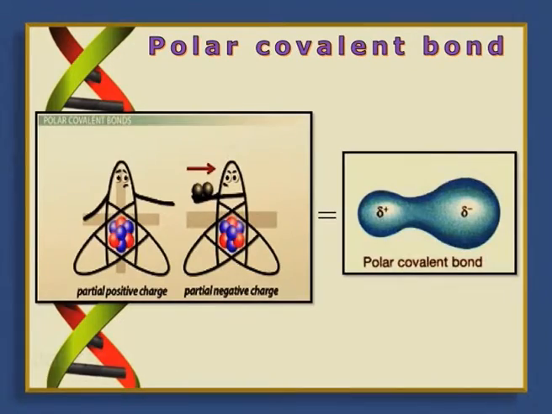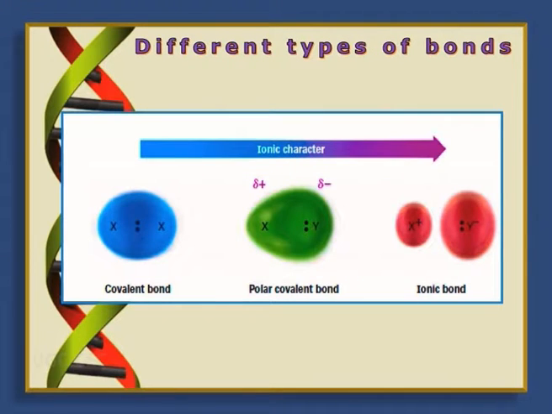Now let us see what polar covalent bonds are. The polar covalent bond, as you can see in this slide, arises from the tendency of one of the bonded atoms to attract the electron cloud towards itself, due to a difference in electronegativity of the two bonded atoms. As a result, the electron cloud doesn't remain symmetrical and gets shifted to one of the bonded atoms, resulting in the formation of a dipole.